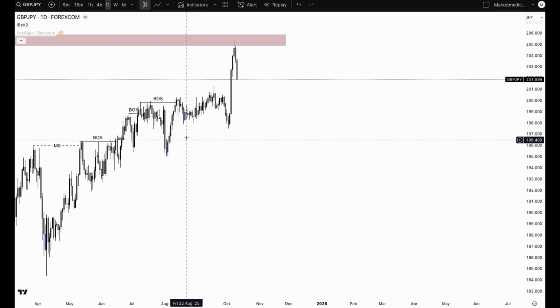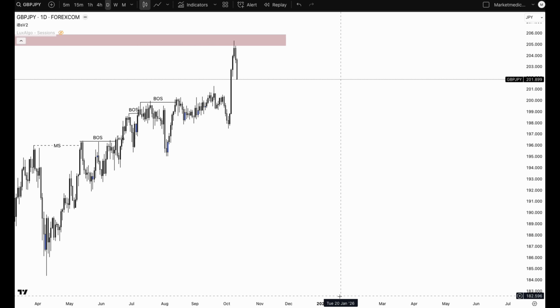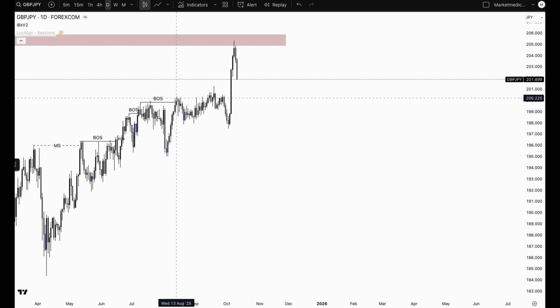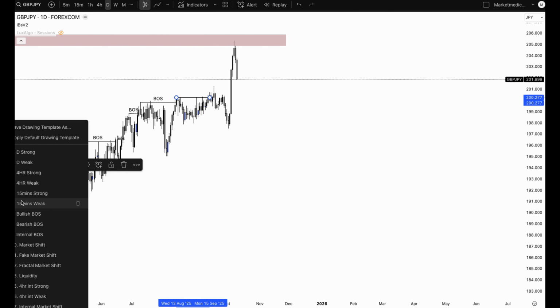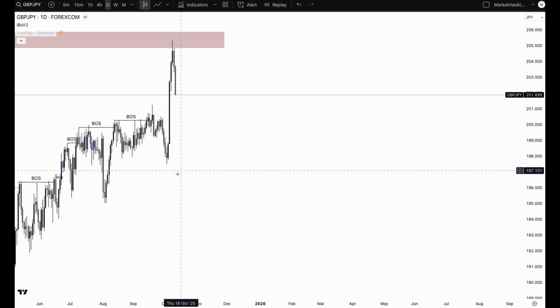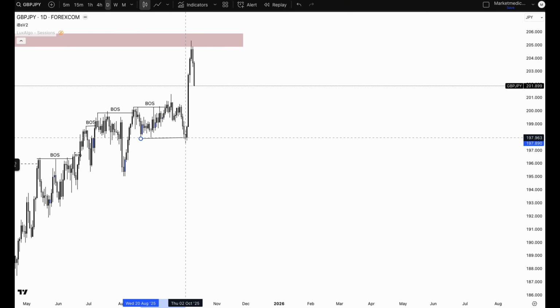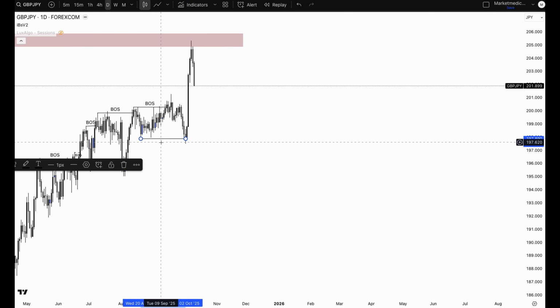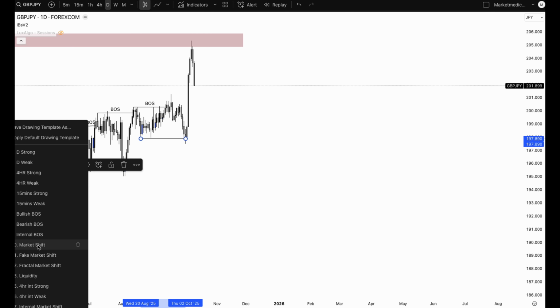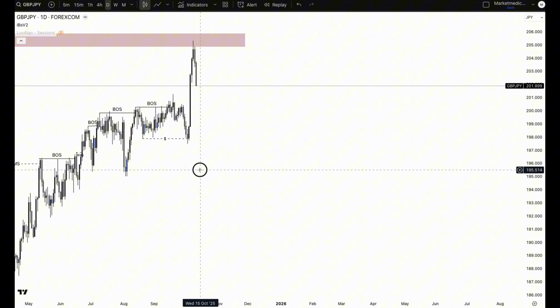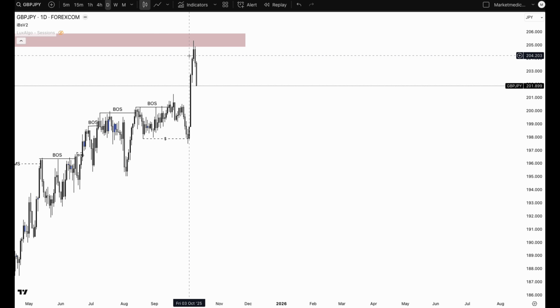Here the market again never really comes down, so clearly here too we have a break of structure. Here the market sweeps liquidity at these levels. Sweeps liquidity here, goes down, and then we get this, and now the last break of structure.